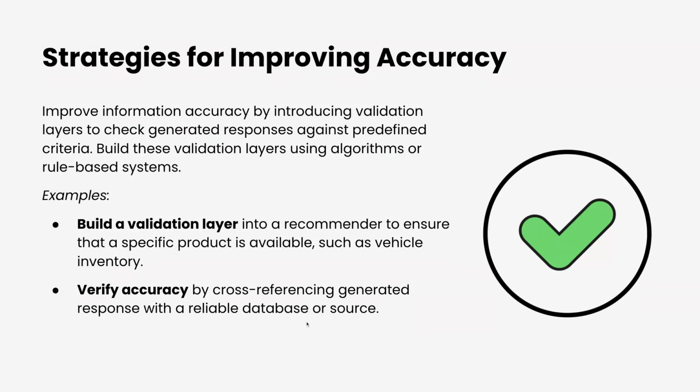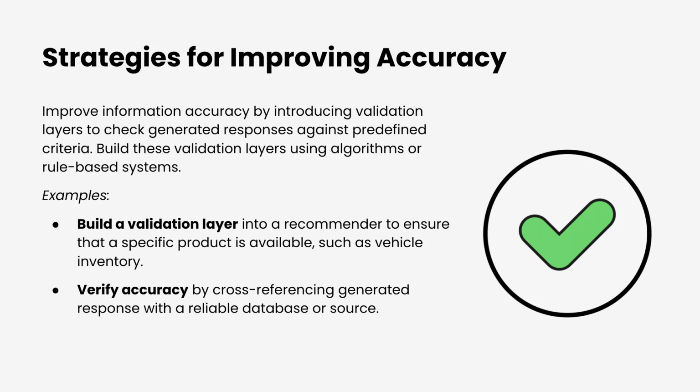And then strategies for improving accuracy. What we've found is that building validation layers to check the responses from generative AI is a really powerful tool. Our first tool would be prompt engineering, and our second tool would be to create algorithms or rule-based systems to maintain accuracy and make sure that the information that the user is getting is correct.